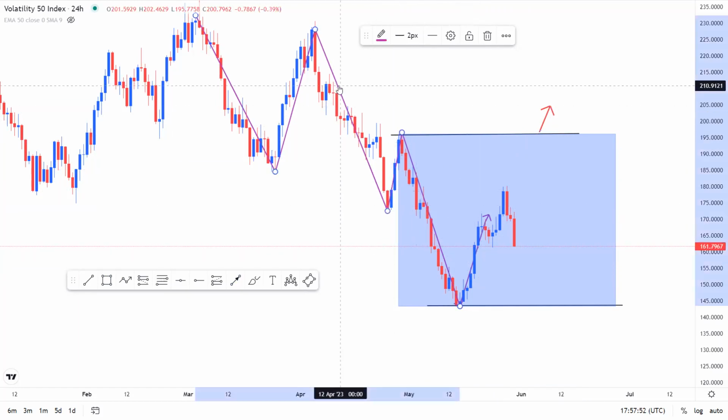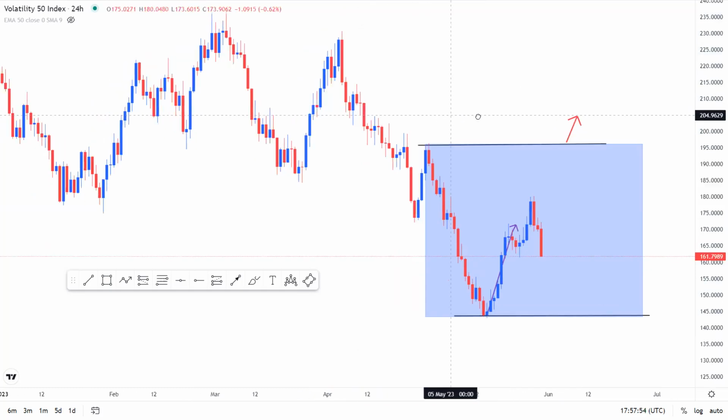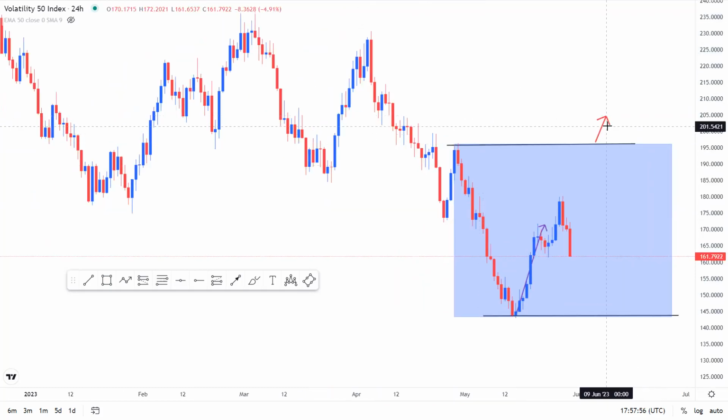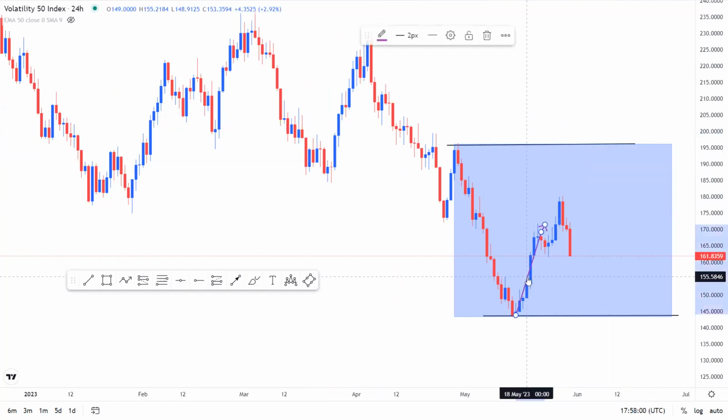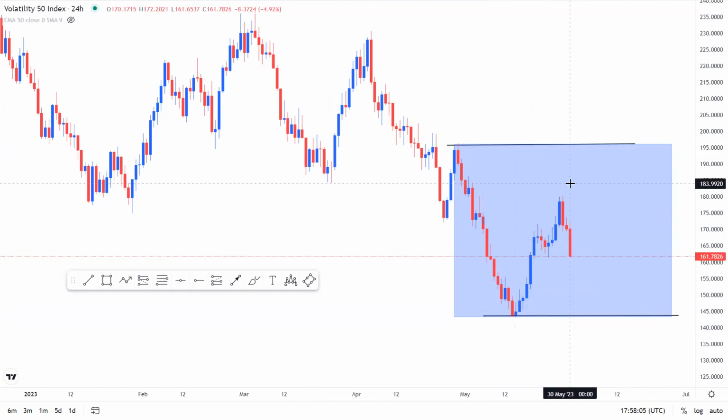Now, there's something I like to do. Once you start seeing price retracing, we need to start identifying areas of value, areas of interest. I like to call them areas of potential trade opportunities.